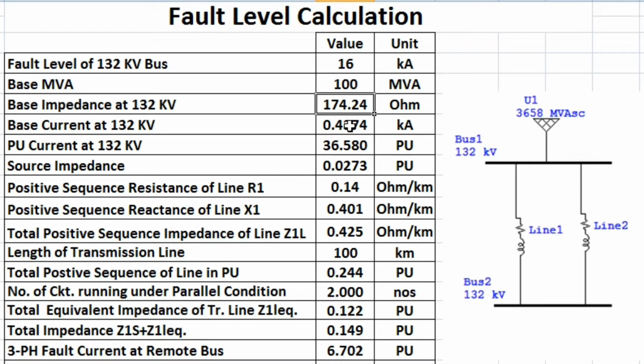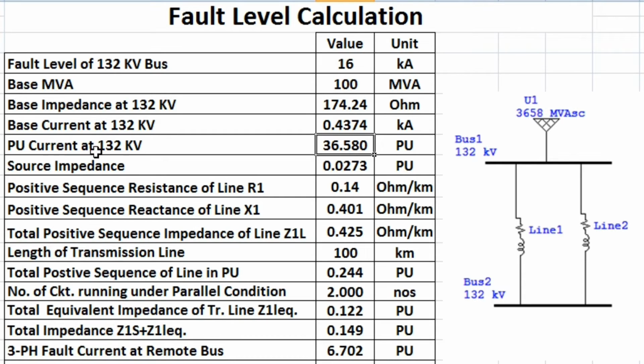174.24 ohm. The base current at 132 kV is the base MVA divided by root 3 into base kV, that is 132, which comes as 0.4374 kiloampere.